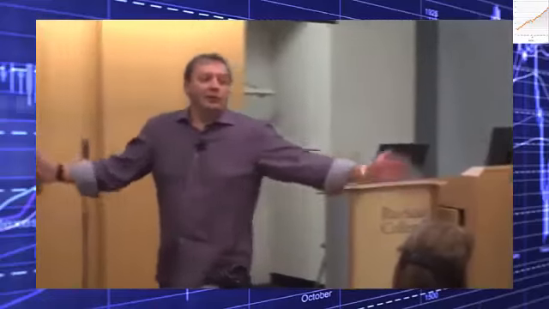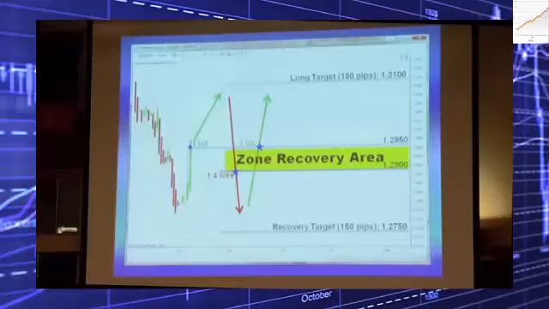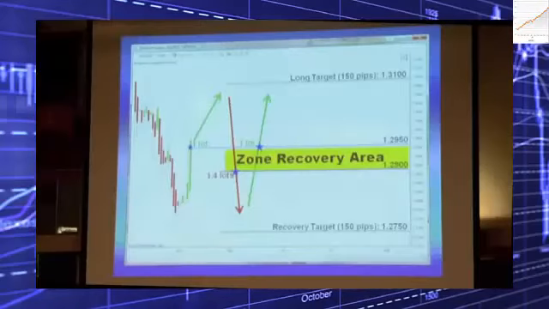For the sake of illustration, we made this 50, right? So that's my zone recovery area. And the way the zone recovery algorithm works is that it places long trades on the upper boundary and short trades on the lower or bottom boundary.